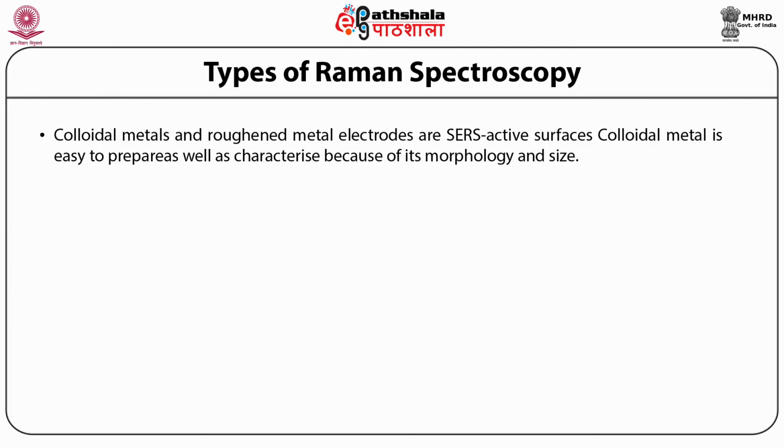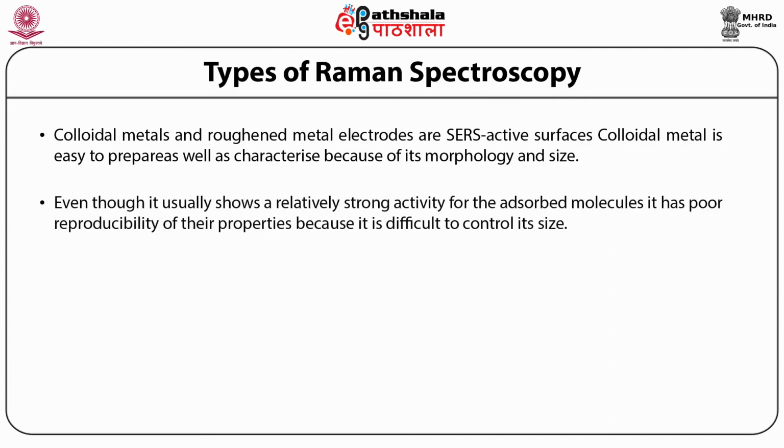Colloidal metal is easy to prepare as well as characterize because of its morphology and size. Even though it usually shows a relatively strong activity for the adsorbed molecules, it has poor reproducibility of their properties because it is difficult to control its size.